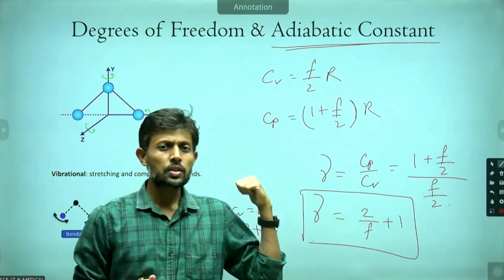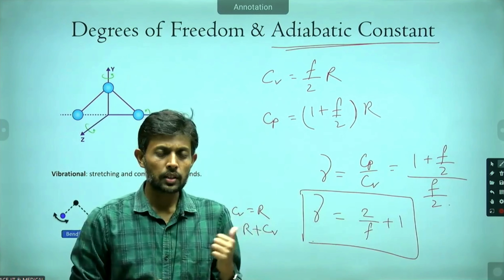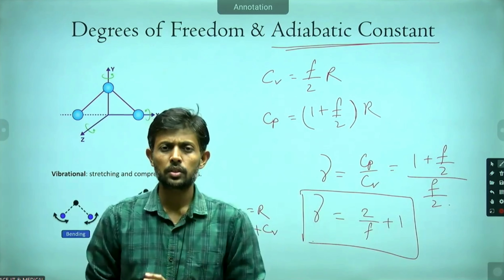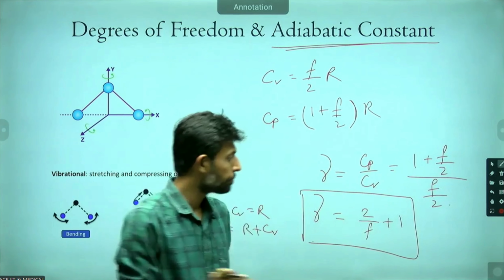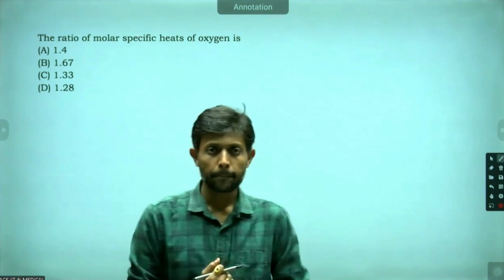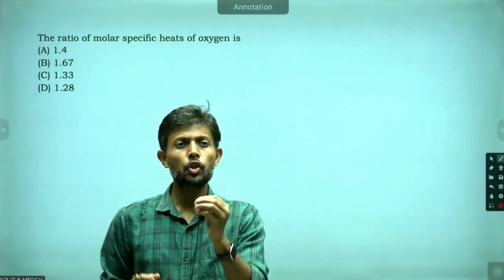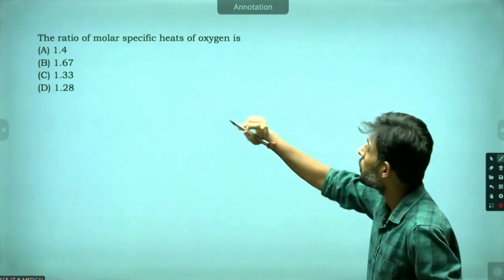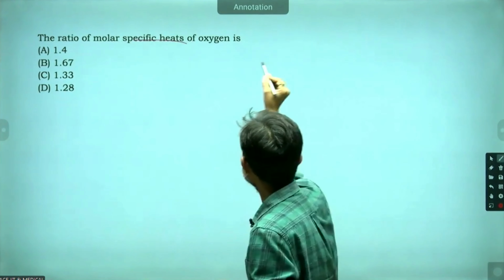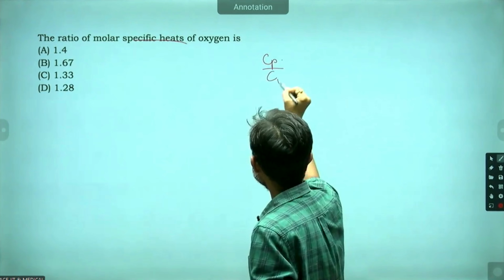Let's now use this concept to solve a previous year question which has appeared in one of the state boards engineering entrance exams. The ratio of molar specific heats of oxygen. That means they're asking Cp upon Cv.